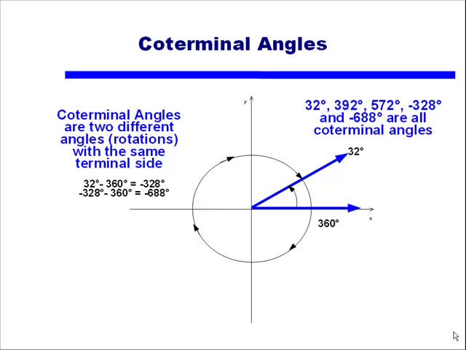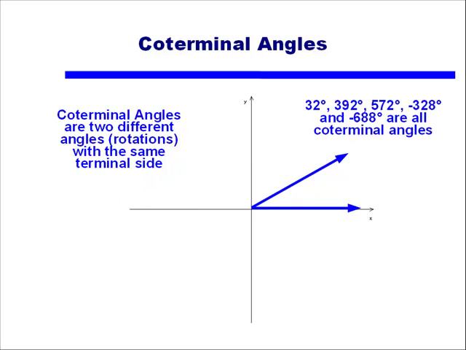Again, I wouldn't have to stop there. If I took my angle of negative 328 degrees and subtracted from it another 360 degrees, that is, took away another complete rotation, then I would end up with an angle of negative 688 degrees. So now we have found 5 different angles that are all coterminal: 32, 392, 572, and negative 328 and negative 688.